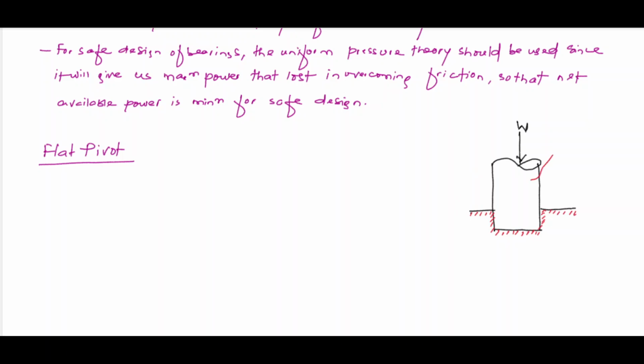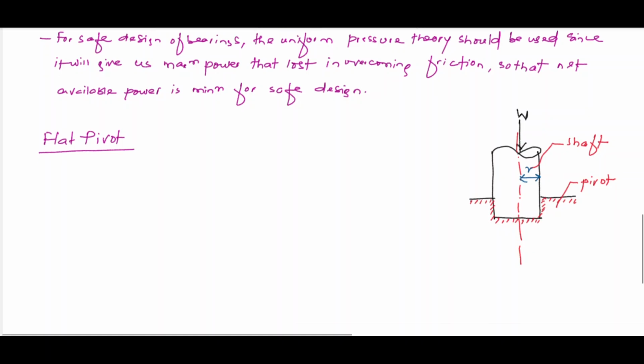So this part is shaft, this one is pivot. Now the central axis of rotation is here, and let's say r is the shaft radius.